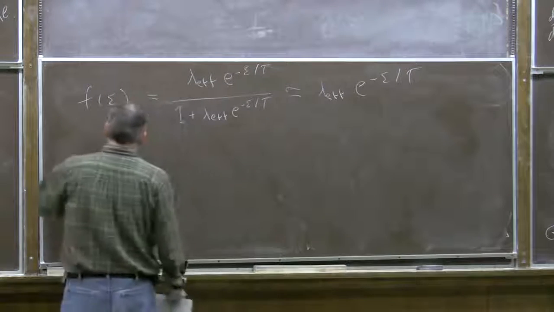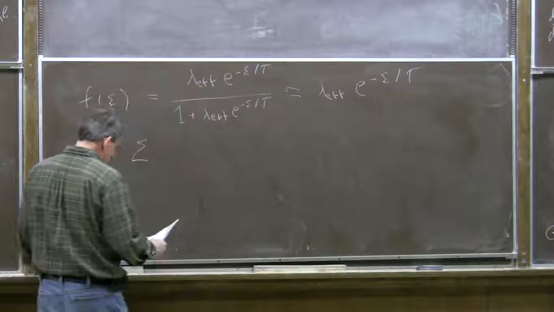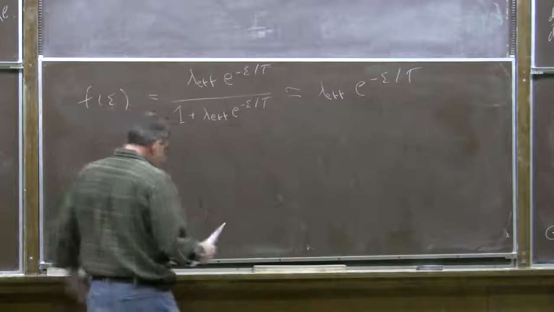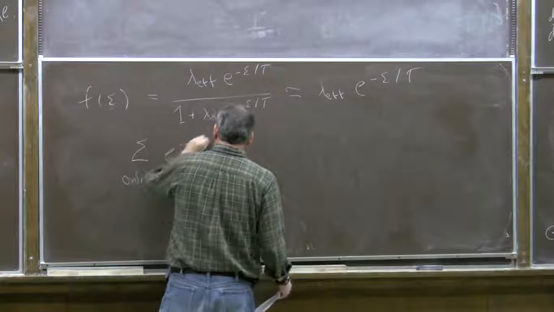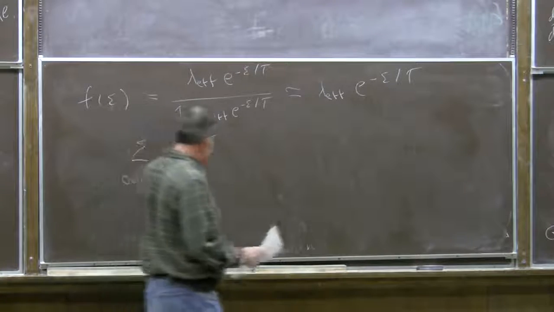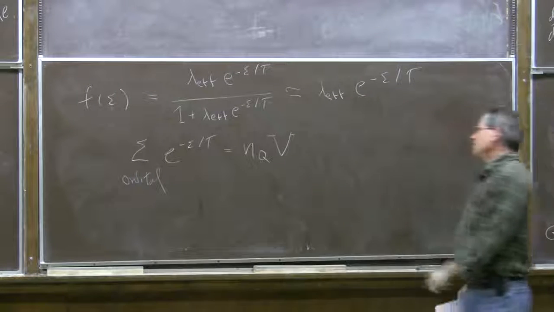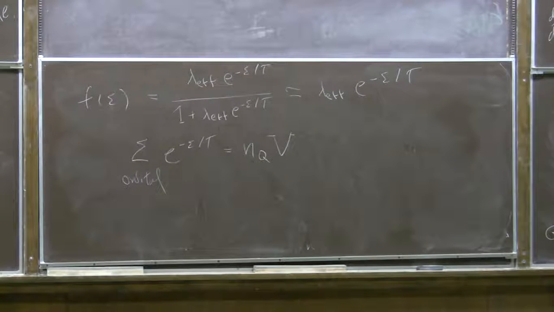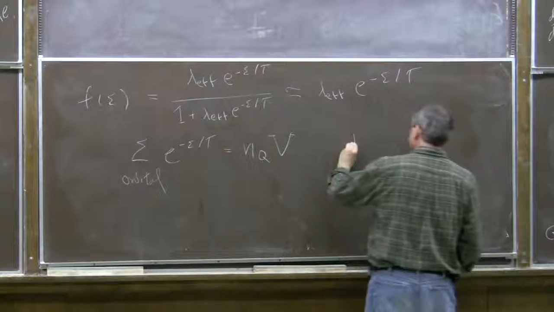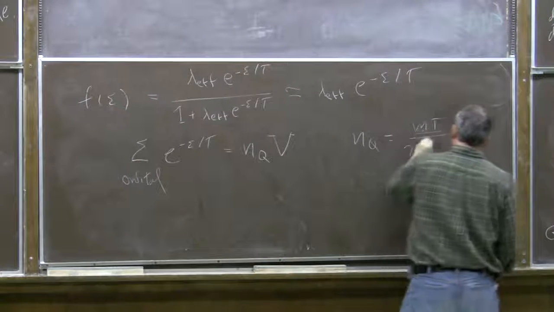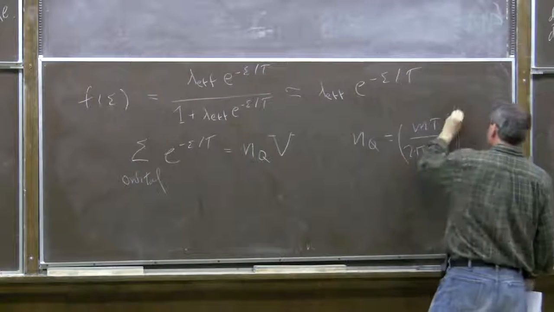And then a calculation that we did some time ago is when we sum over all the orbitals, weighted by the Boltzmann factor, we get the volume times the quantum concentration, m tau over 2 pi h bar squared to the 3/2.